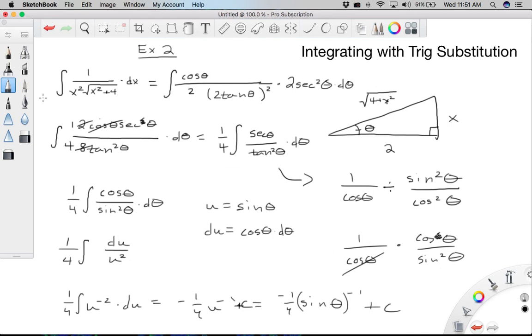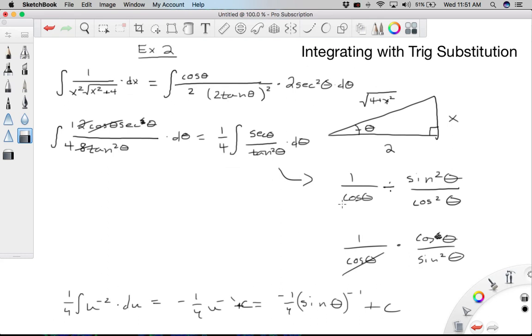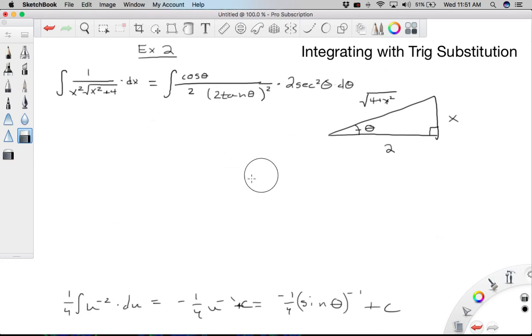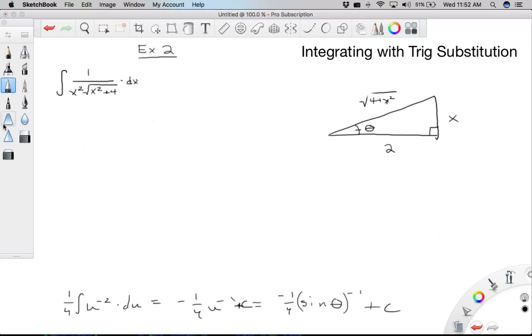Okay, I'm going to again erase some things that we don't need anymore. Okay, so what we have is this integral so far is equal to -1/4.